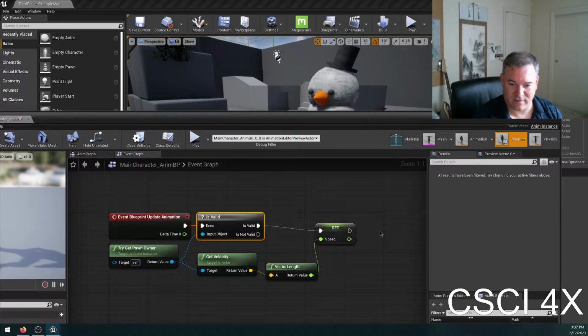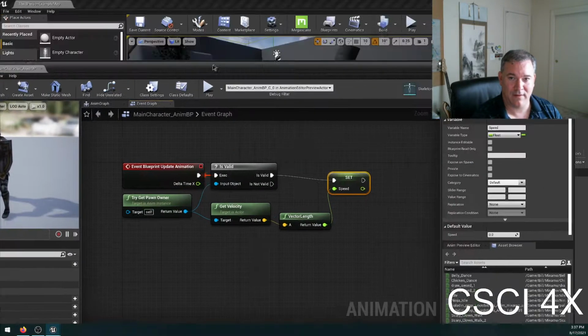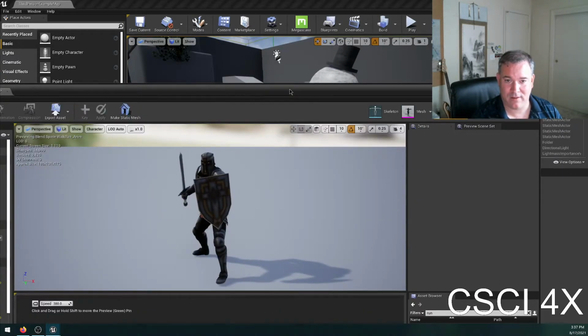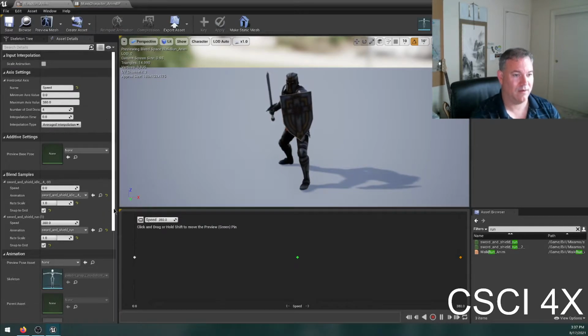And so what it's doing is that it's setting a variable called speed. You can see there's a variable over here called speed on the blueprint. And then the animation can pick up the speed off of the animation blueprint that way. Okay.